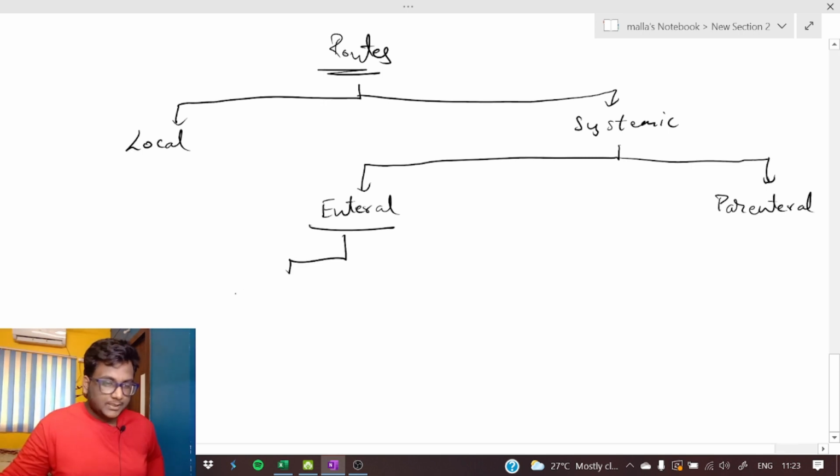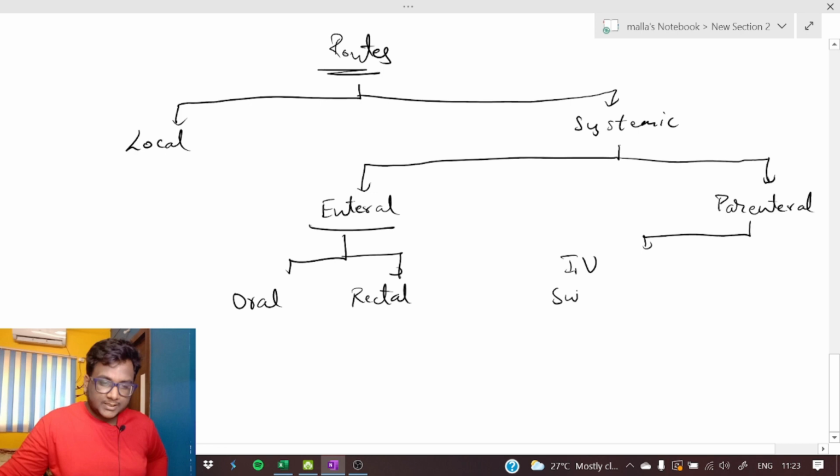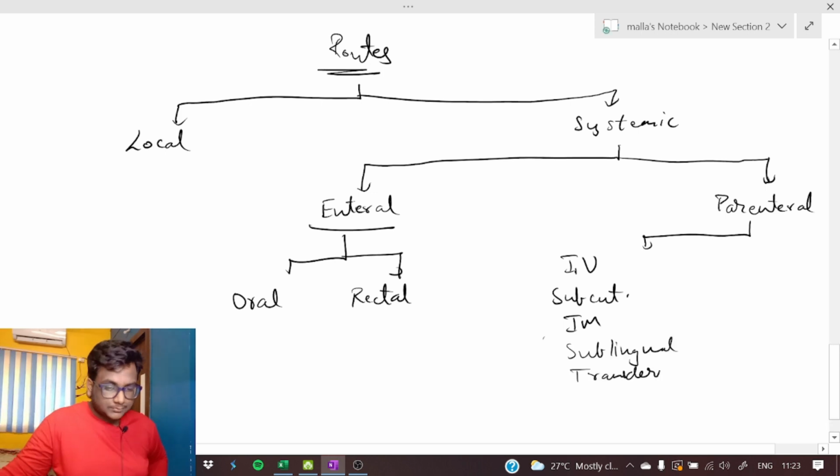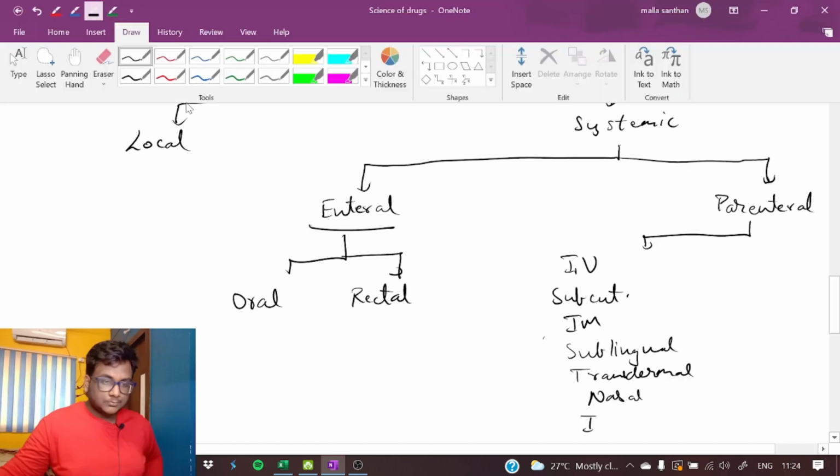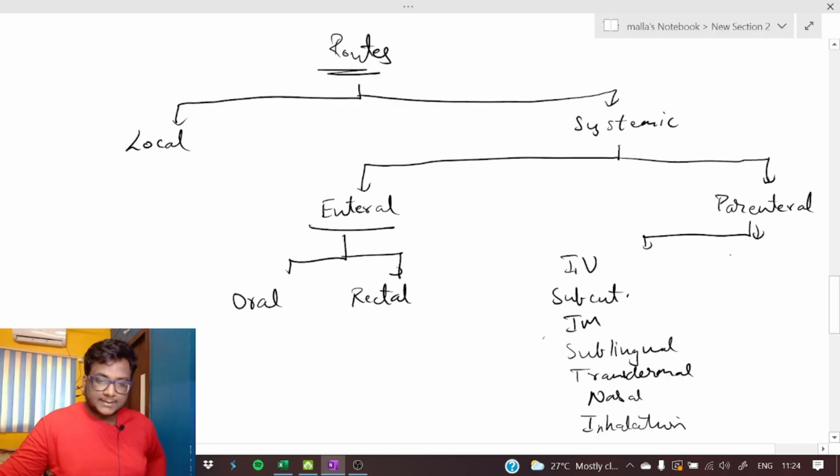The first one in the enteral system is oral, the second one is rectal. In parenteral, the routes are intravenous, subcutaneous, intramuscular, sublingual, transdermal, nasal, and inhalation. Parenteral means other than enteral.